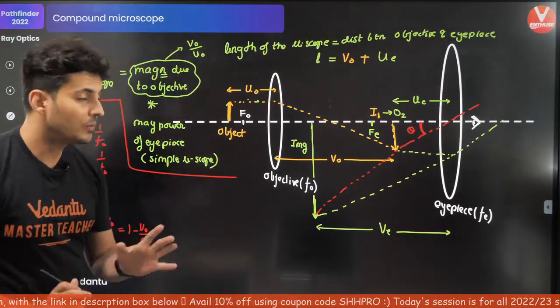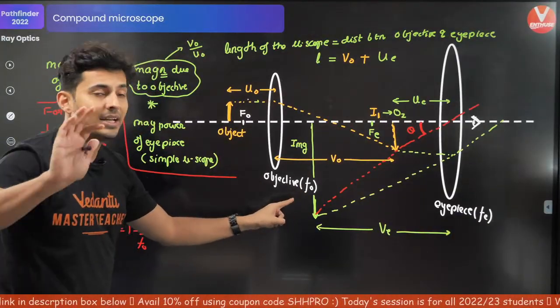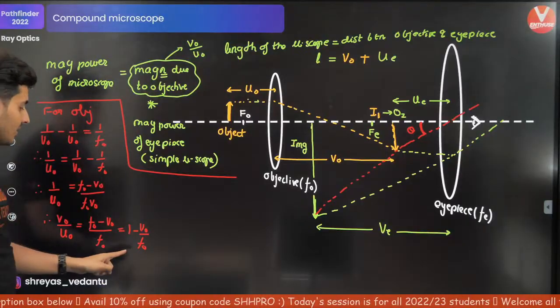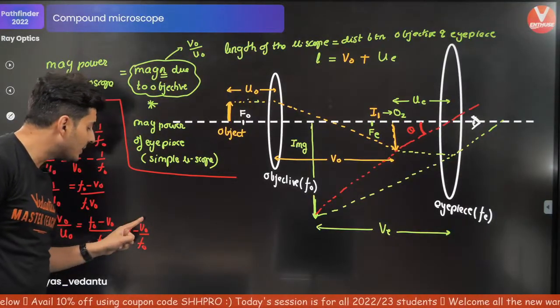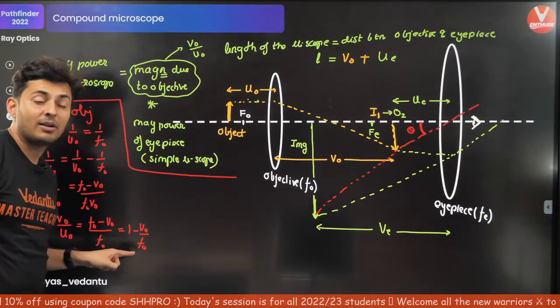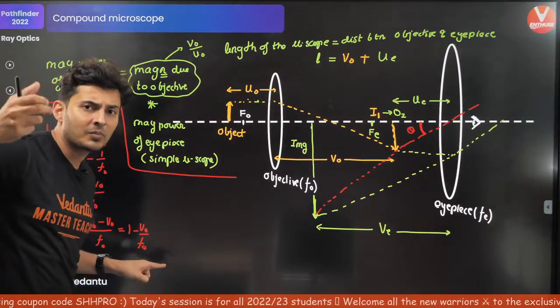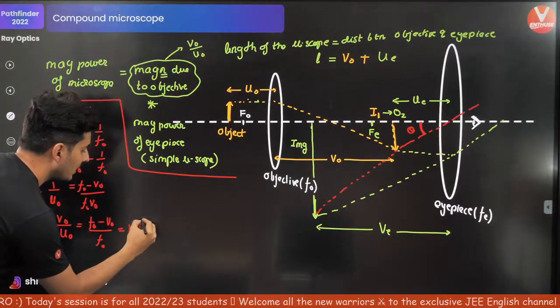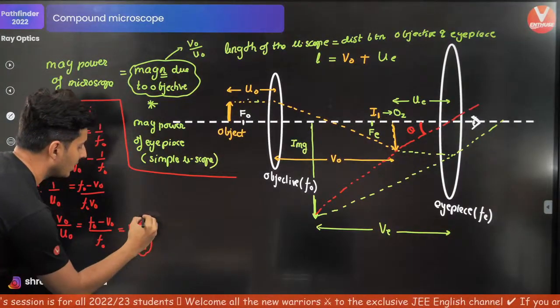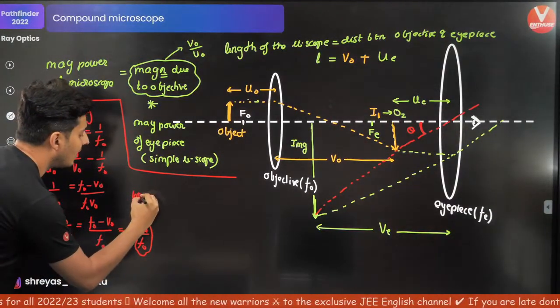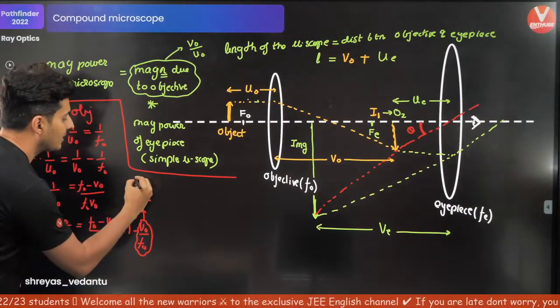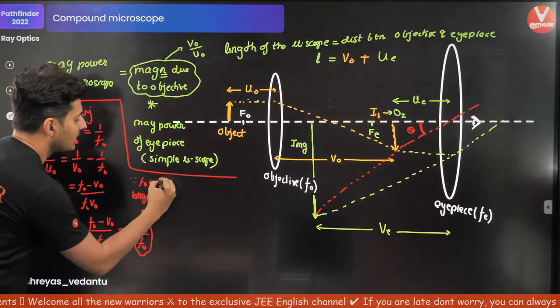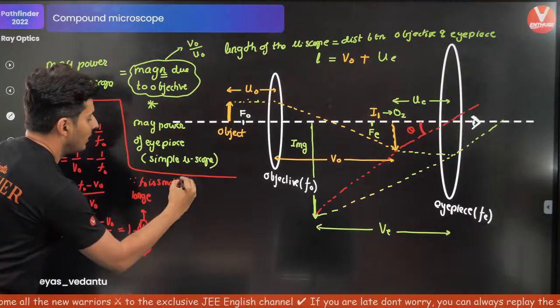Now what did I tell you? FO is very, very small. I mentioned this. FO is very, very small. That means VO by FO will be very, very large. Don't you see that this number which I'm talking about here is very large, and the reason why it is large is since FO is very, very small.